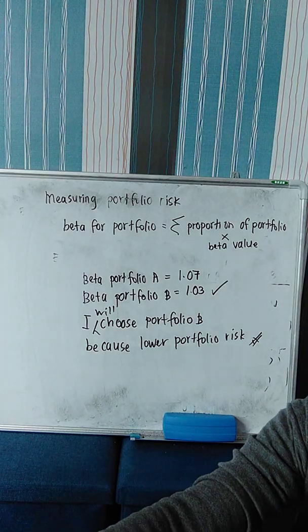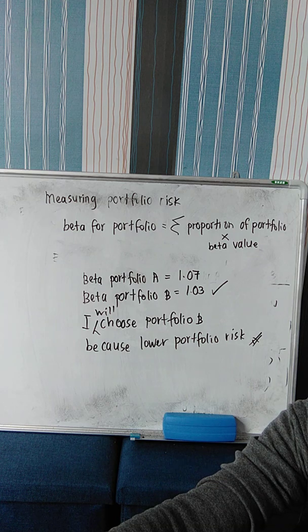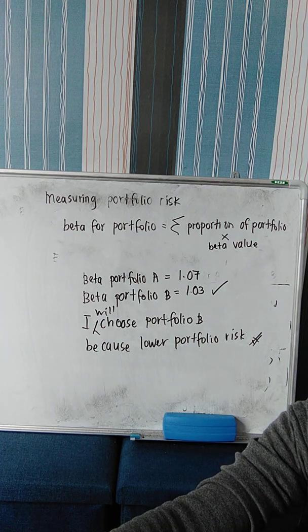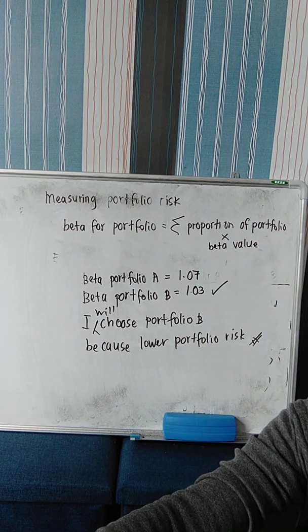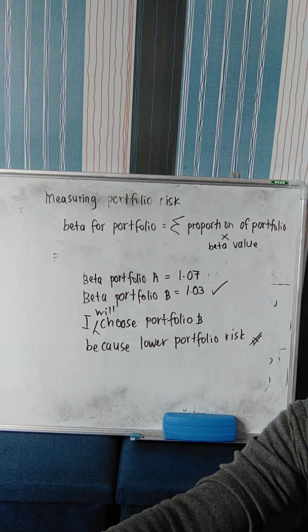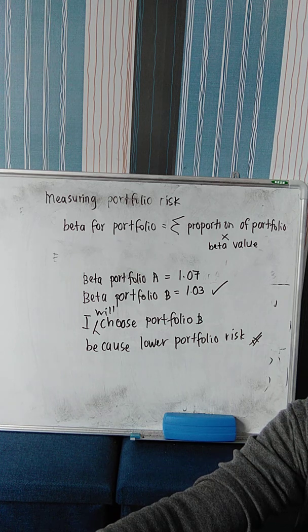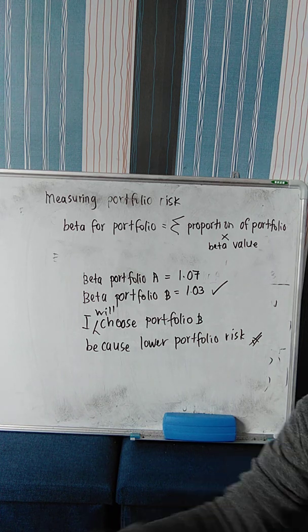Then for example 2 and example 3, same step but different value. So for example 2 and example 3, I want you to do as a task 3, same. So task 3, you have 3 questions to answer from return of portfolio, example 3.